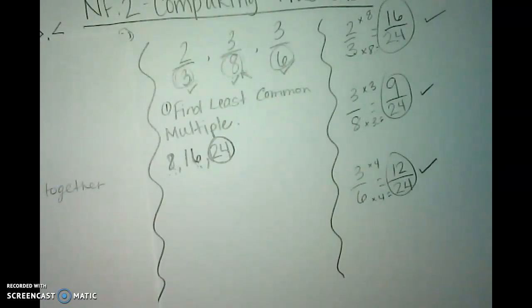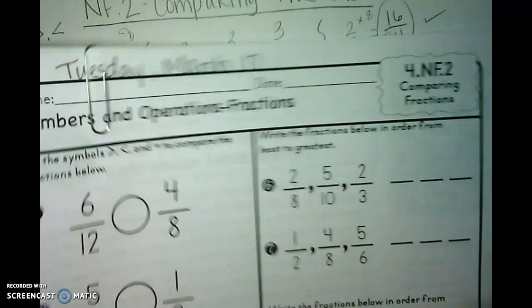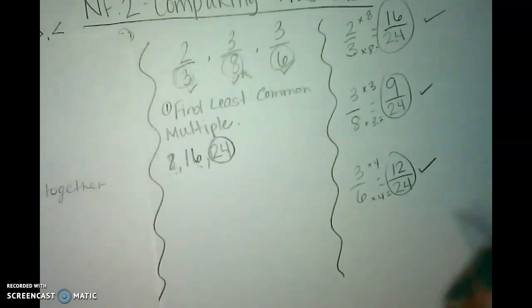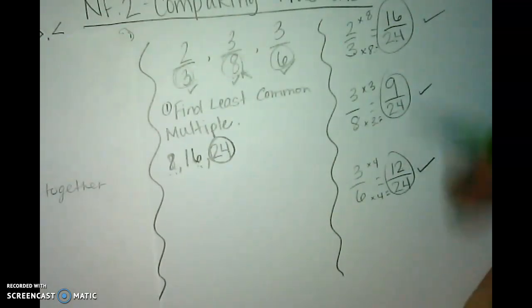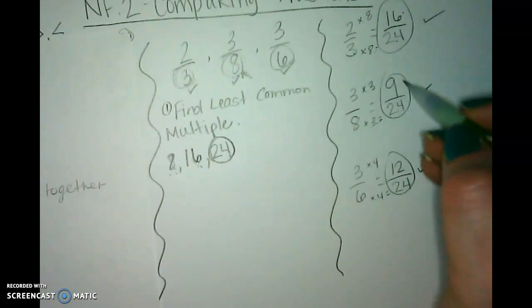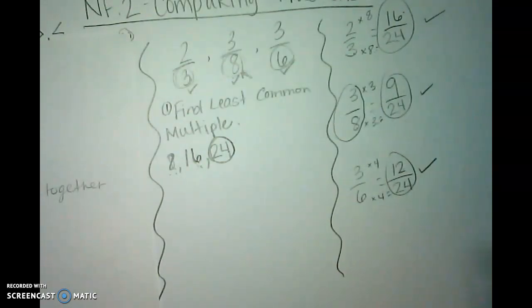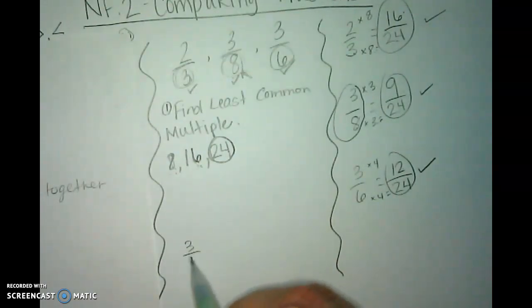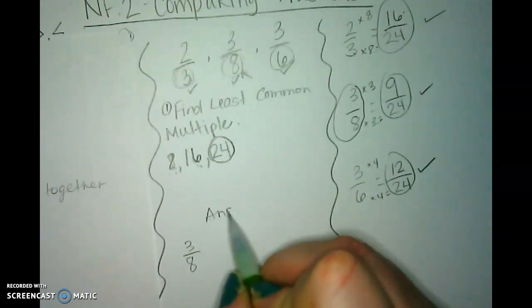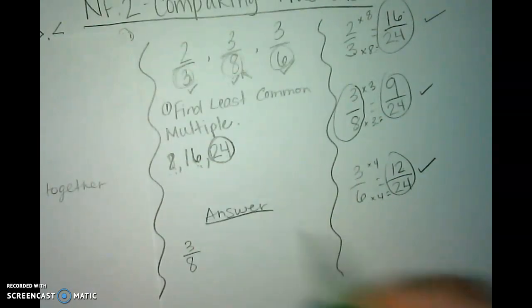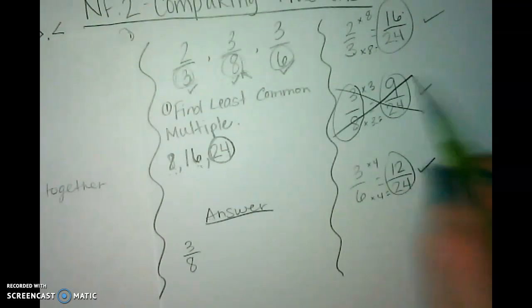Now, my paper says put them from least to greatest. So, which one is smallest? 12, 9, or 16? It's going to be 9, so I need to write 3/8 first. 3/8, and this is the answer. Okay, I've used that one. I'm going to mark it out.